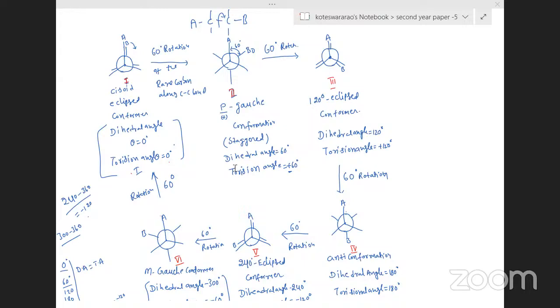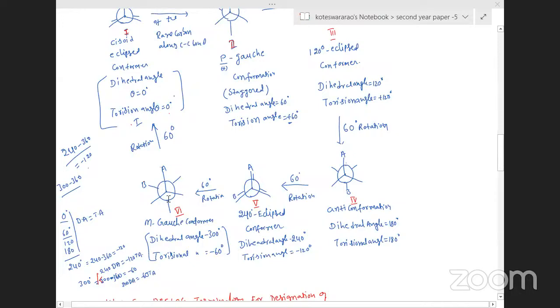You need to consider only clockwise rotation; whatever value a conformer attains, it has the same value in the anti-clockwise direction also. Suppose the dihedral angle is 0 degrees and you rotate 60 degrees anti-clockwise. What conformer do you obtain? This is the conformer. The dihedral angle is 300, but the torsional angle is minus 60.